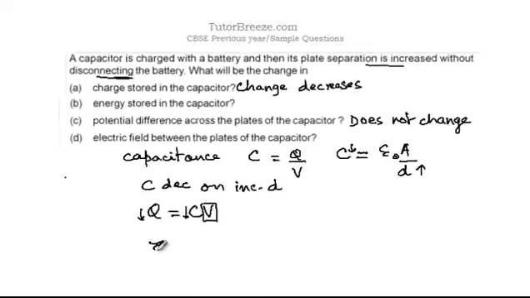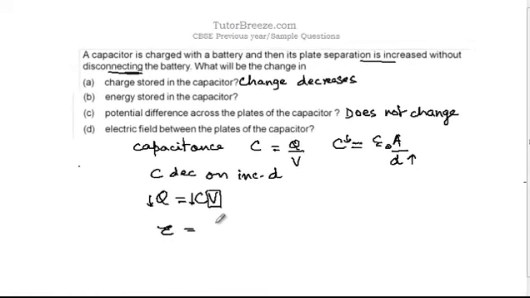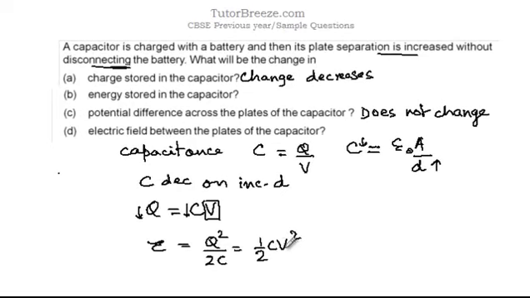The energy in the capacitor is given by, either you can use Q square by 2C or half CV square. In this case we'll use half CV square because V is staying constant. C decreases. As C decreases, this reduces, so E will also reduce.